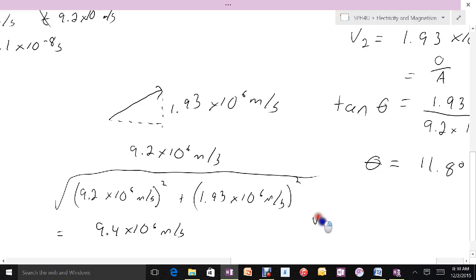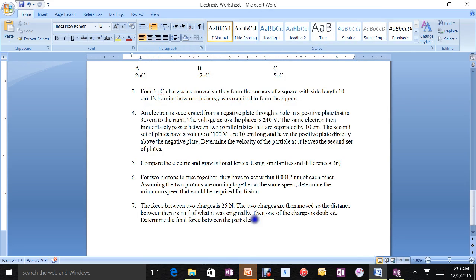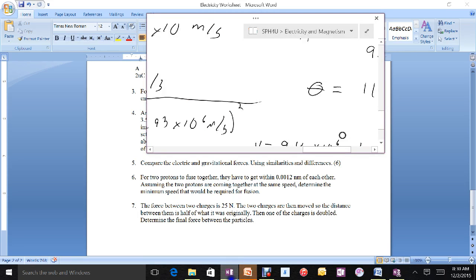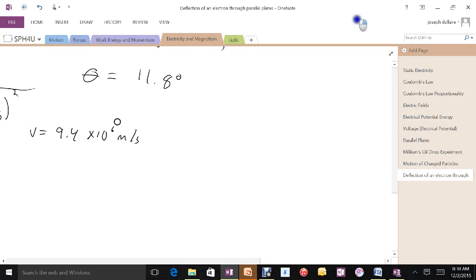So my final velocity is 9.4 times 10 to the 6 meters per second at 11.8 degrees. So that will be the trajectory it leaves those plates with.